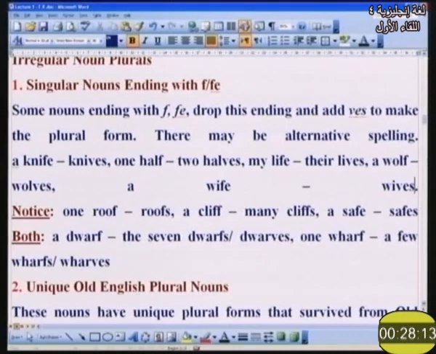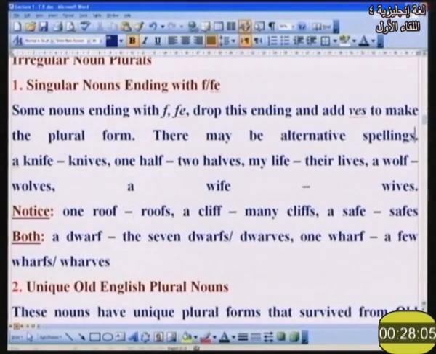And he says there may be alternative spellings. Sometimes you have more than one spelling. Okay? Some words do not follow this rule. They end with an F, and yet they don't change the F to V and then add ES.